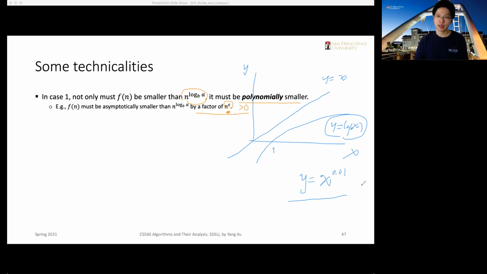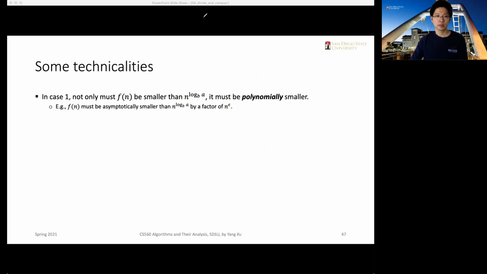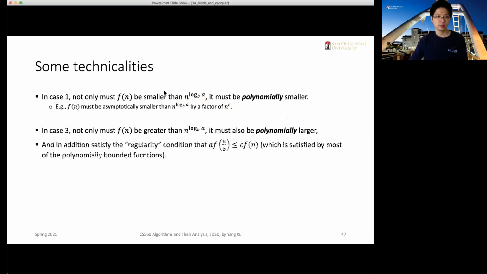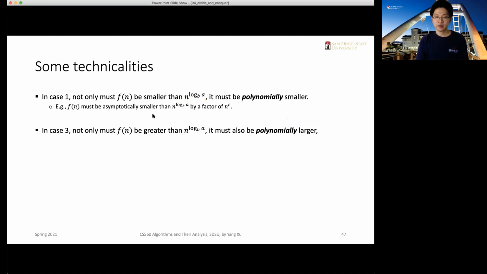We will see a more concrete example to show in what cases we should pay attention to this polynomially smaller condition. This condition also applies to condition 3. In condition 3, f of n should not only be greater than the polynomial function, but it should be polynomially larger.